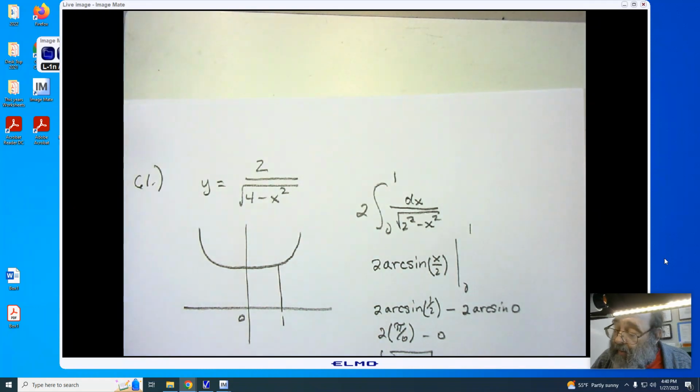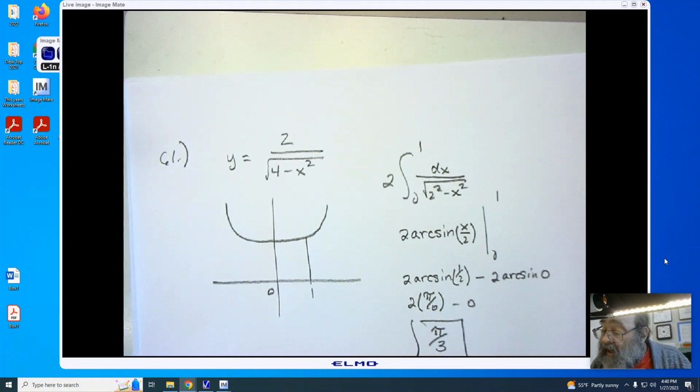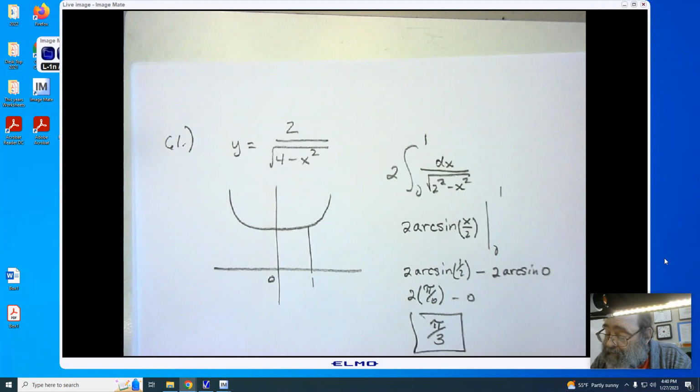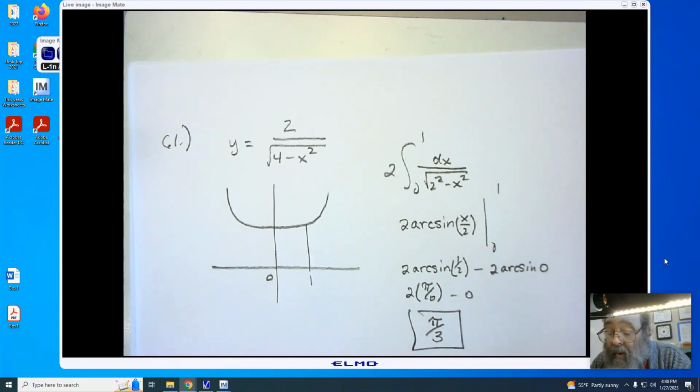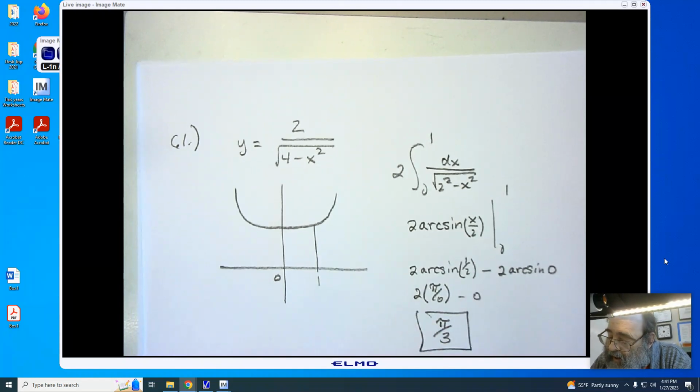So we're now going to take a look at number 63. Make sure I have this written down correctly. We have y equals 1 over x squared minus 2x plus 5.